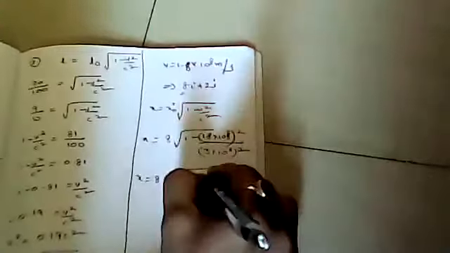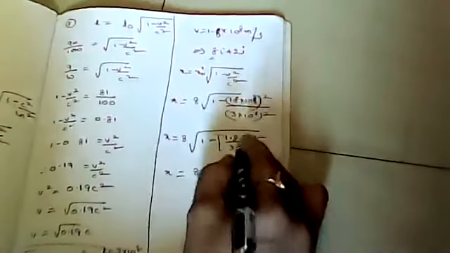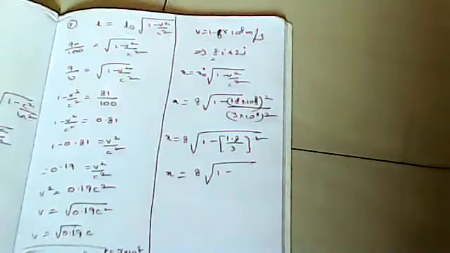So x is equal to 8 root 1 minus, the 10 power 8 gets cancelled, so 1.8 by 3 whole square. We can write 8 root 1 minus 1.8 by 3 whole square. What do we get for 1.8 by 3? 0.6.